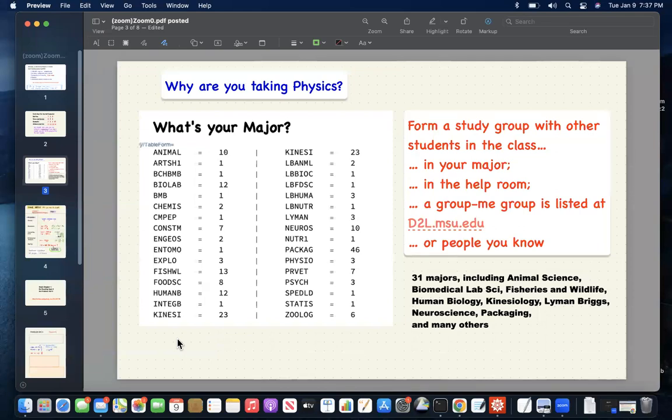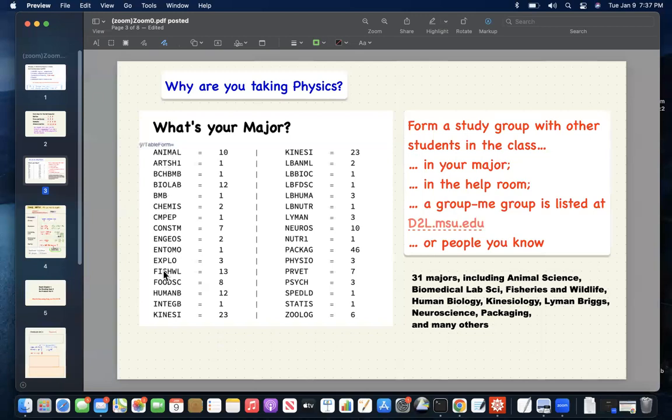So why are you taking physics? Well, you have one of these majors, and the department for that major has decided that in order to finish a bachelor's degree with that major, you have to have physics, either one semester or even 2 semesters of physics.